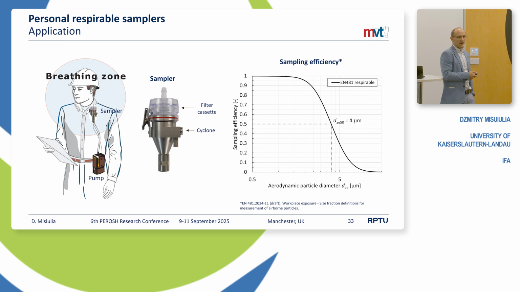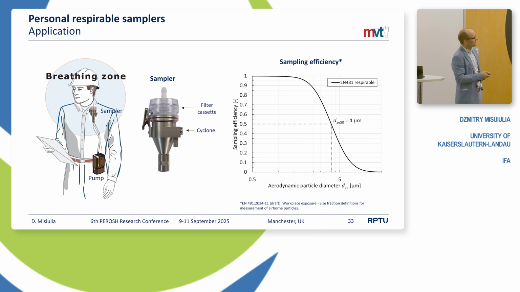The small fraction, meaning the respirable fraction, is particles small enough to penetrate to the alveoli, the gas exchange region. They are collected on the filter, and larger particles are separated in the cyclone and collected into the grit pot.